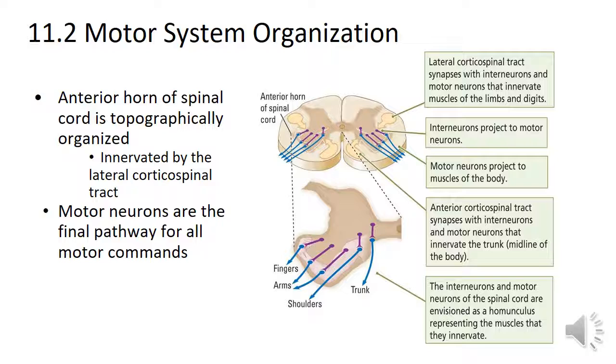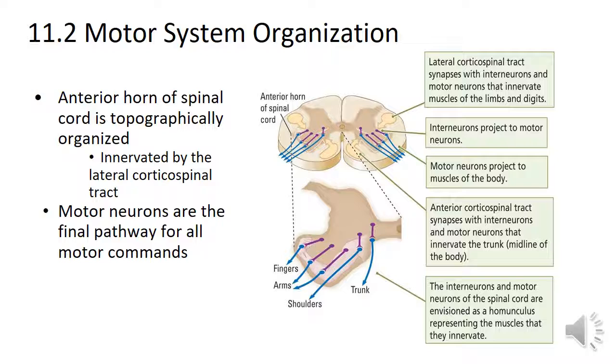If you look at the image, you can see that within the anterior horn of the spinal cord, there's the area that's responsible for the fingers, right next to the arm area, which is right by the shoulder area, and then the trunk, or the inside of the shoulder.